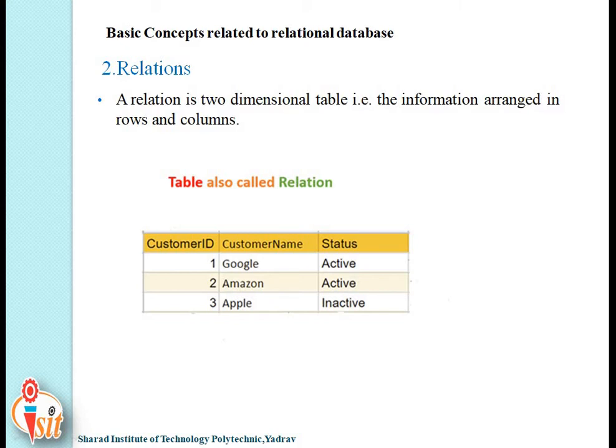Next, there are no duplicate tuples. The order of attributes has no significance. And last but not least, the order of tuples has no significance. These are the various properties of relations. Here, see the table. That table is also called a relation.